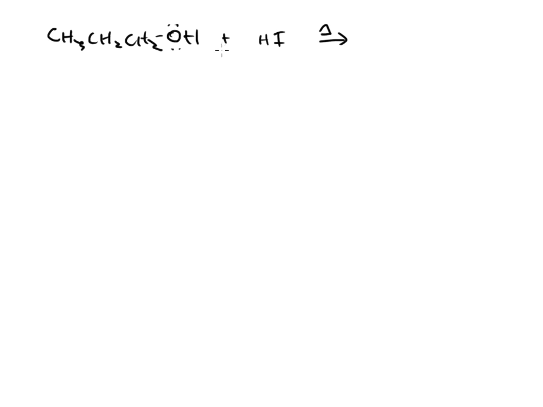We have reacted that alcohol in the presence of an acid. This acid just so happens to be hydroiodic acid in this case, and hydroiodic acid is a polar molecule where hydrogen is partially positive and iodine is partially negative.